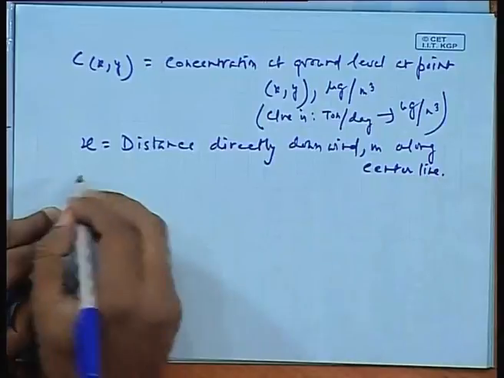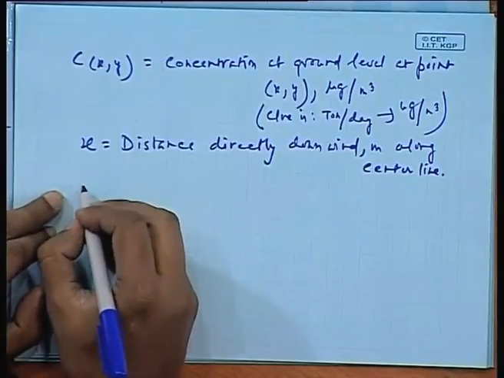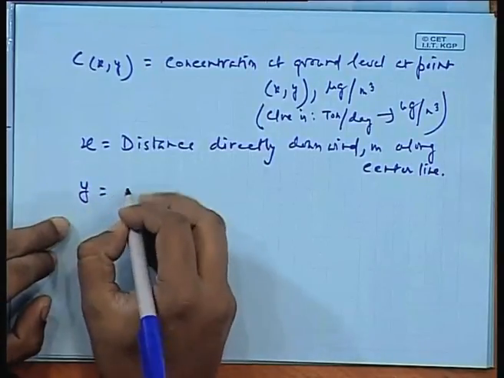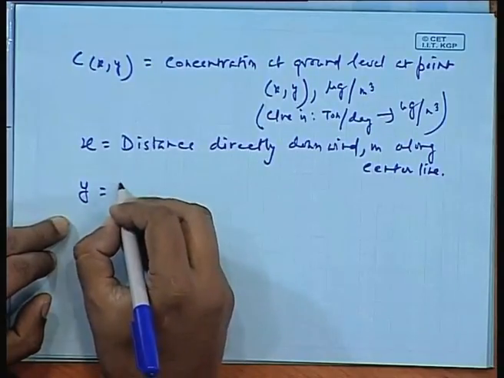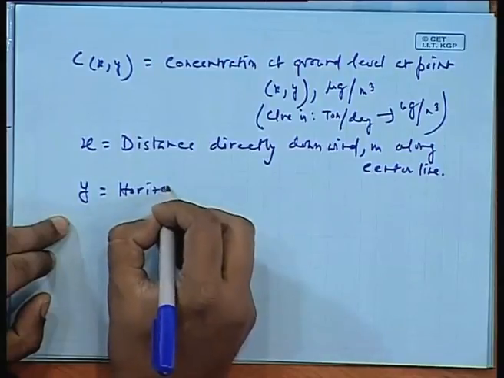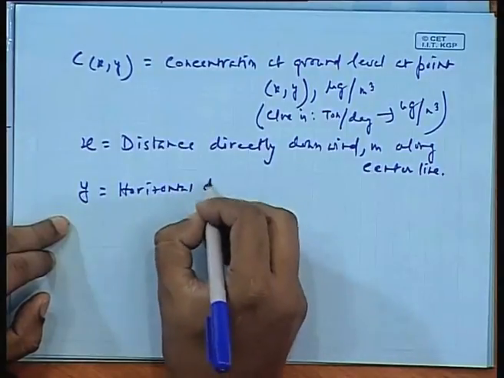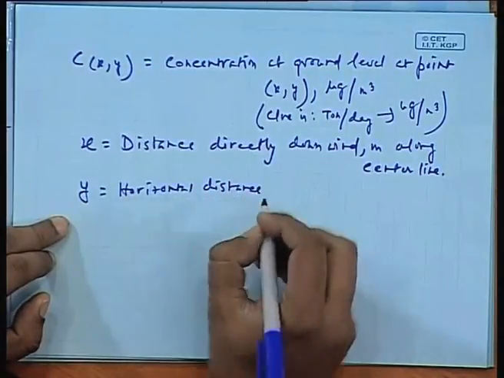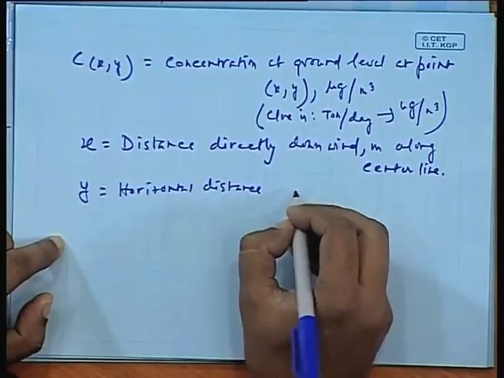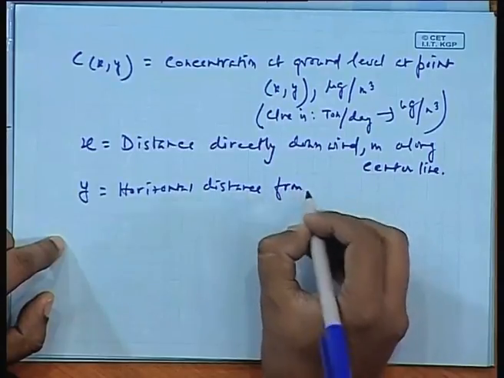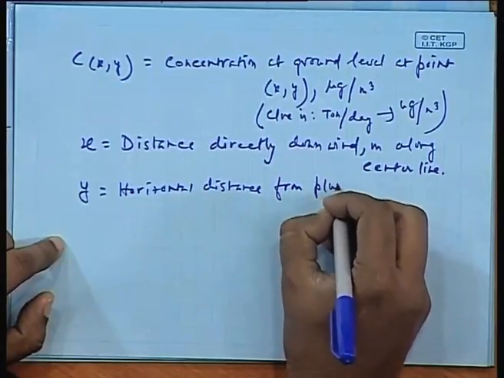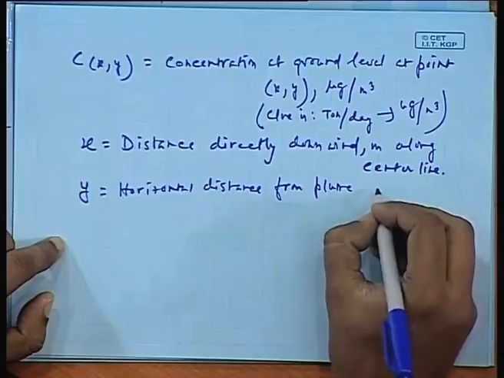The line of x should be set on the center line itself. And y is the horizontal distance from the plume center line.